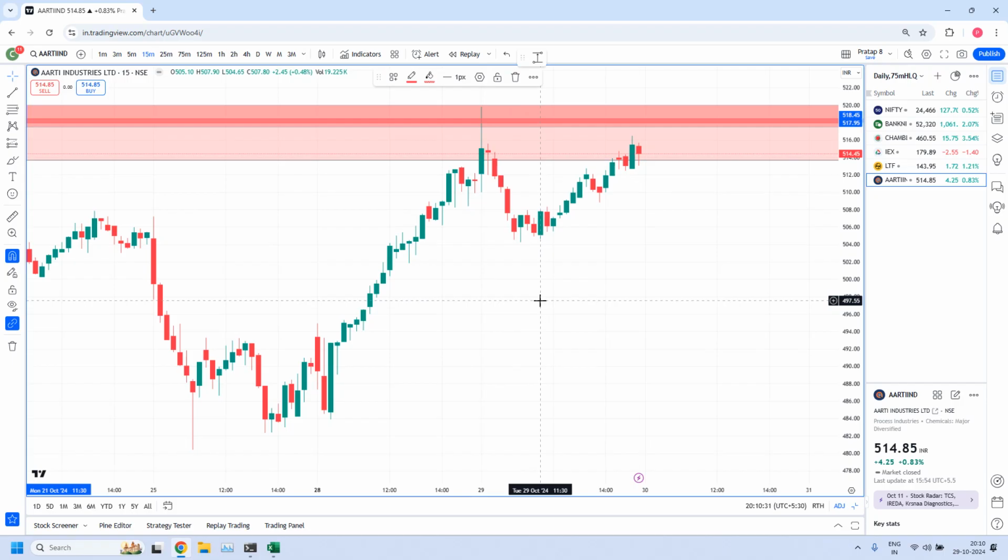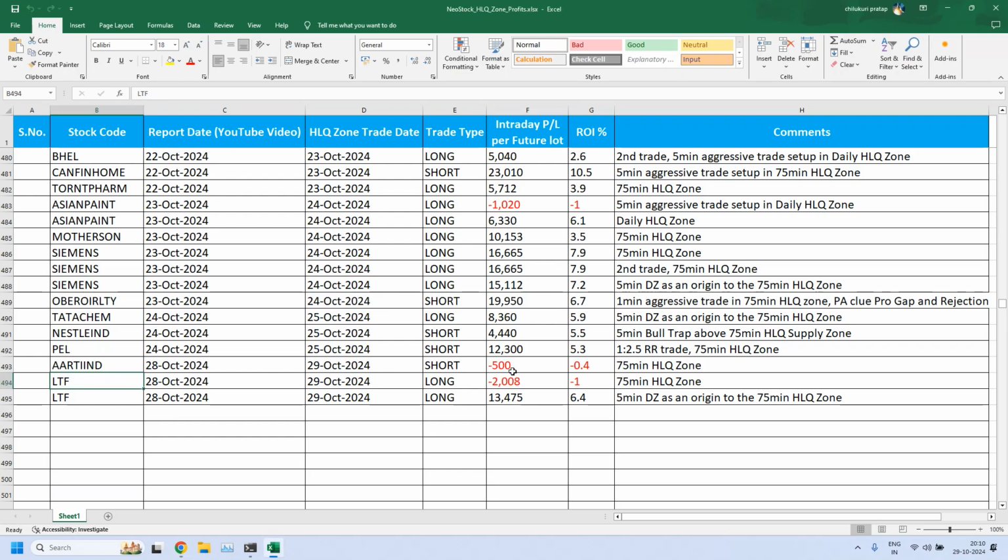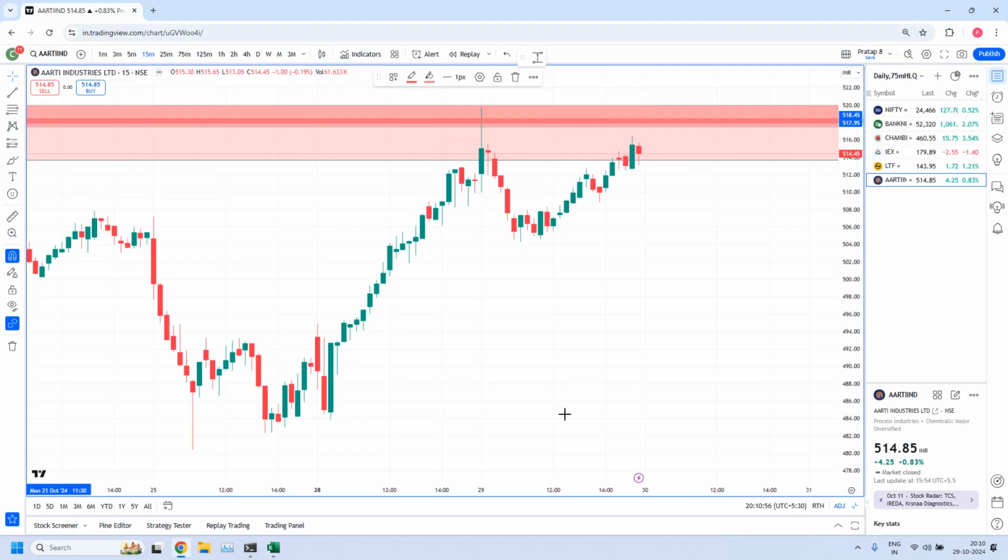So we got 500 rupees loss. So RT Industries hit the stop loss and gave 500 rupees loss, which is 0.4%. This is the minimum loss. If you are adding more and more risk, probably you get more loss. See, always from the loss point of view, I am calculating the minimum loss, because how much risk you handle, that all depends on you.